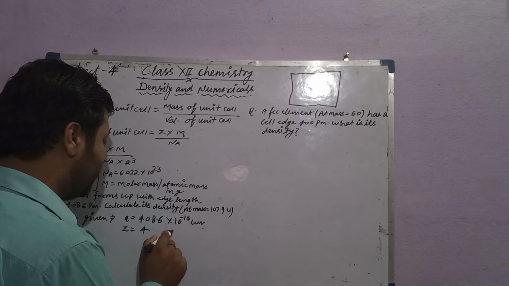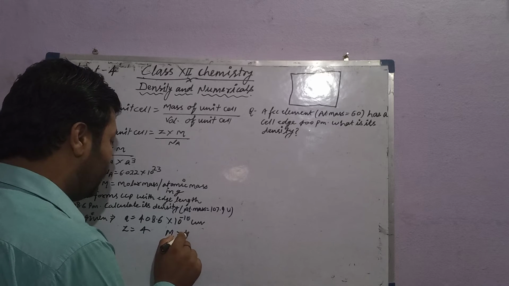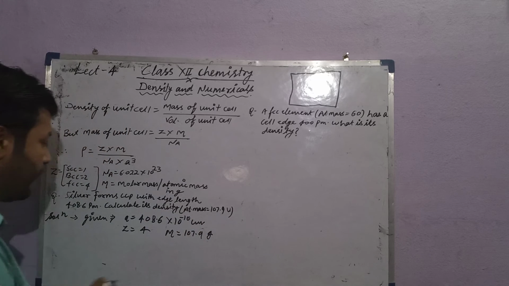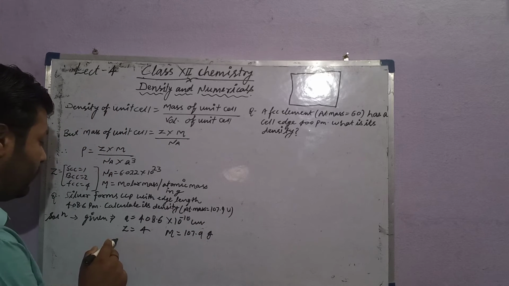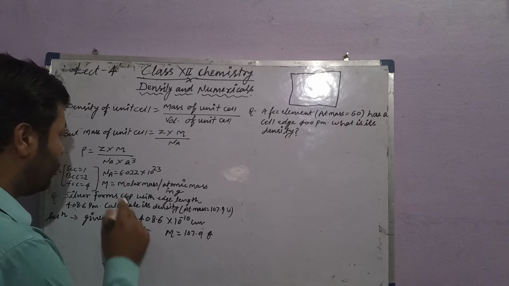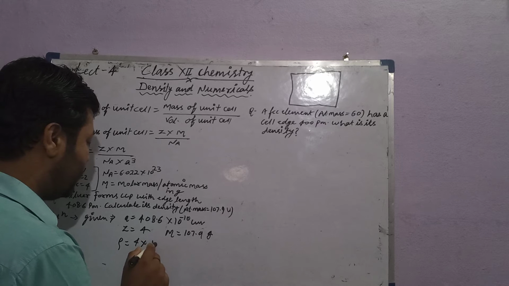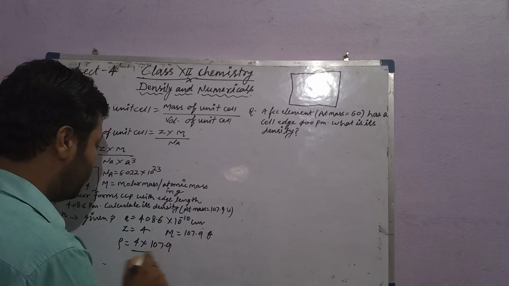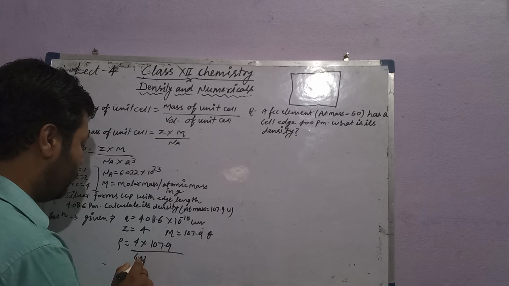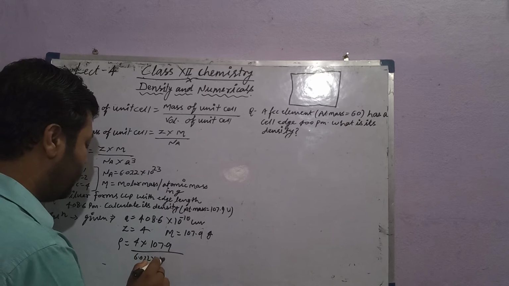Atomic mass, that is actually called M, is 107.9 gram. Then you can calculate the density equal to 4 into molar mass 107.9 upon N A, Avogadro number, 6.022 times 10 to the power 23.